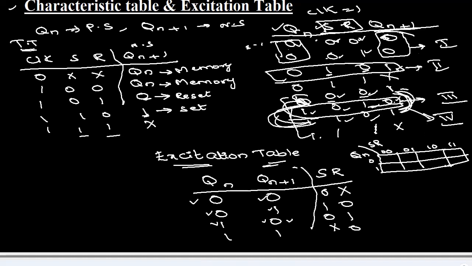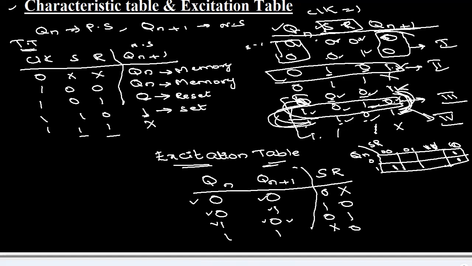Qn plus 1 is 1 for minterm 2, when Qn is 0, S is 1, R is 0. Next, Qn plus 1 is 1 when Qn is 1, S is 0, R is 0, that is minterm 4. Next, Qn is 1, S is 1, R is 0, that is minterm 6.